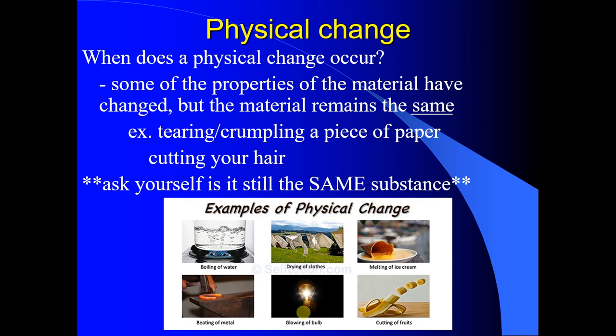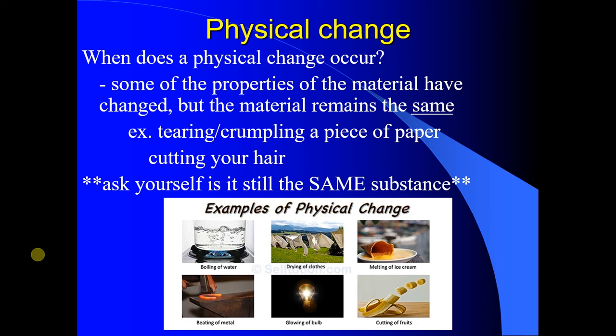Ask yourself, is the substance still the same after the change as it was before the change? And if the answer is yes, then it is a physical change. So drying clothes or melting ice cream, cutting fruit, reshaping metal when it's really hot, like from a forge, those are all examples of physical changes.